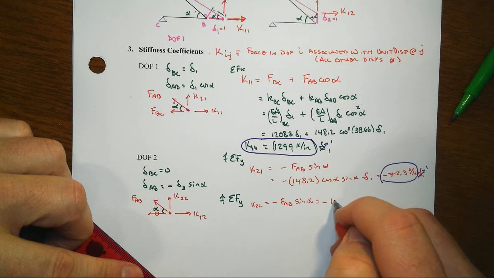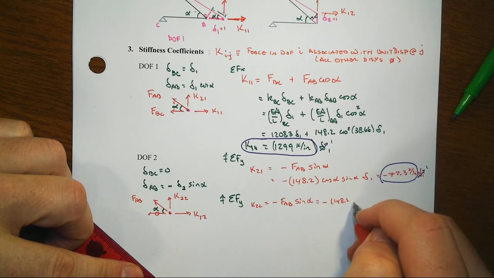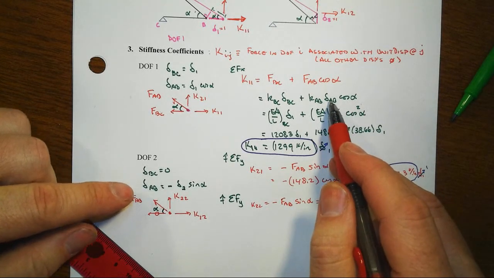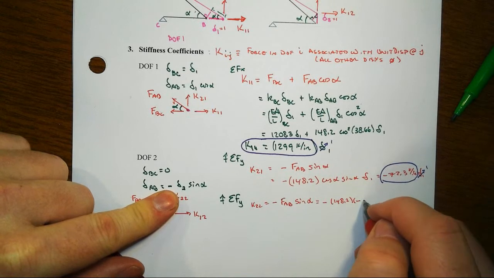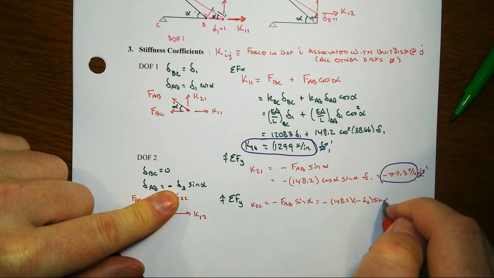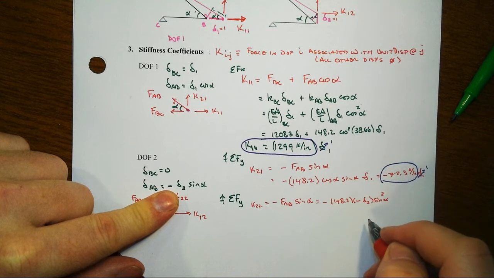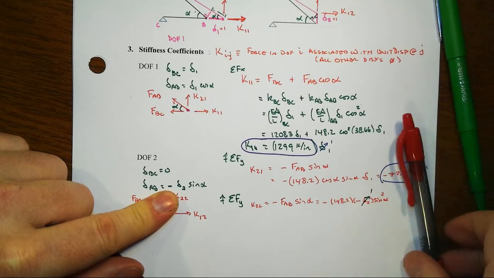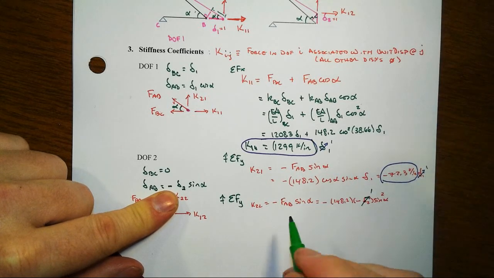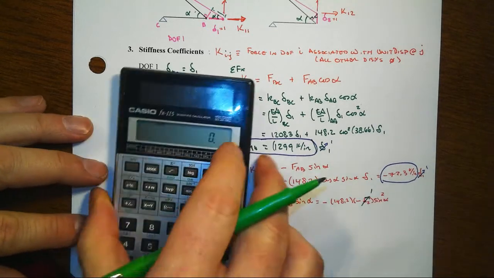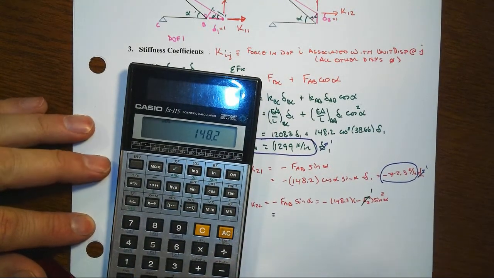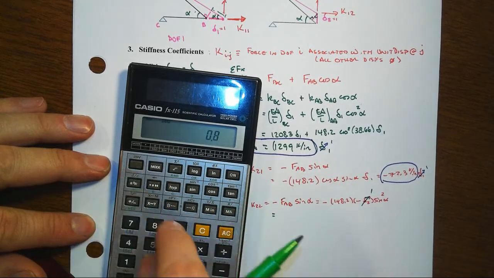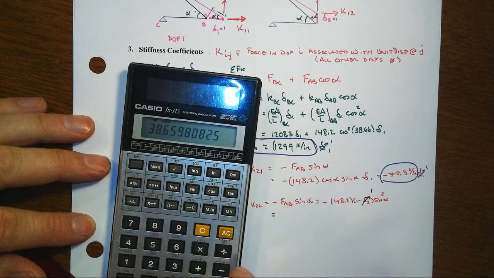KAB is the 148.2 kips per inch times our delta AB, but our delta AB was a minus delta 2 times sine alpha, and then we got to hit it by another sine of alpha. And here I'm just going to show it directly, get that delta 2, it's equal to 1 here. And so now that's why you're going to end up with that K22 is 148.2 times there's our angle, and needed to get that back.